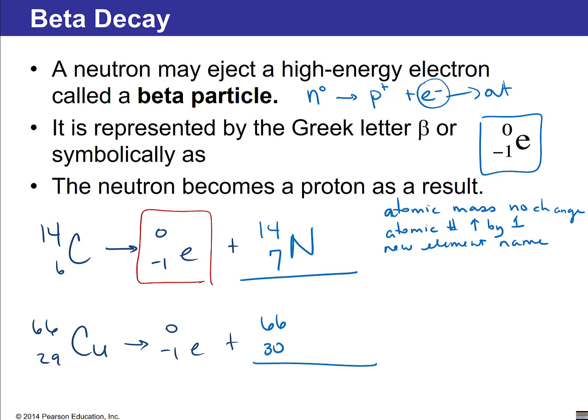Atomic number changes, you've got to look at the periodic table. What's that new element? Brings it more balanced. Converting a neutron to a proton creates a more stable balance of protons and neutrons in the nucleus. So that's really what's happening in beta decay, is you're just converting neutrons to protons to try and get proton and neutron numbers a little closer together.